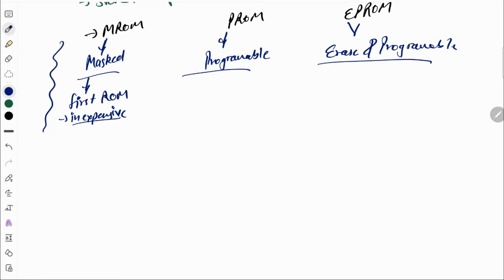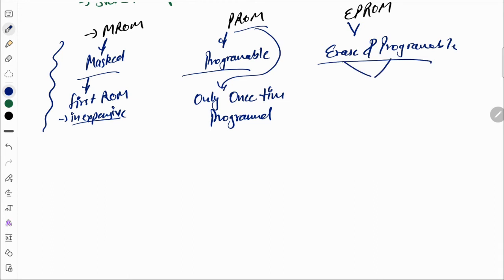Programmable ROM. This kind of ROM can be programmed only once. And the third one is erasable and programmable. We can erase the data and program several times.